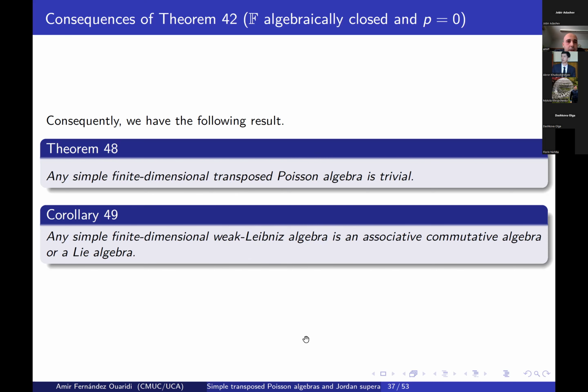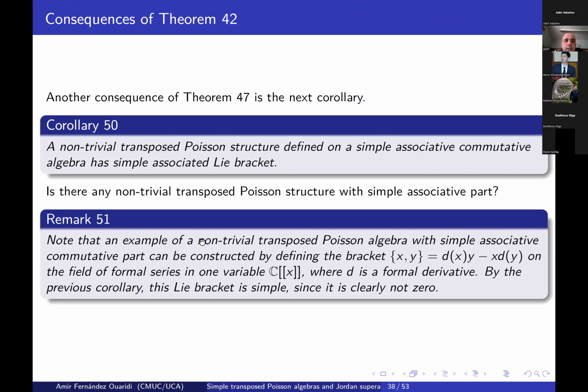Okay. Another consequence is the following corollary. A non-trivial transposed Poisson structure defined on a simple associative commutative algebra has simple associated Lie bracket. This is obvious, but look, is there any non-trivial transposed Poisson structure with simple associative part? Yes, there is one example which was found by Suma Deldaev, which is the following.